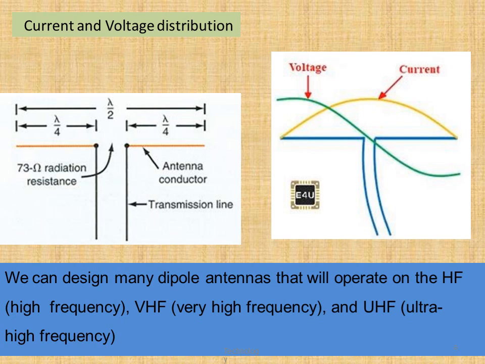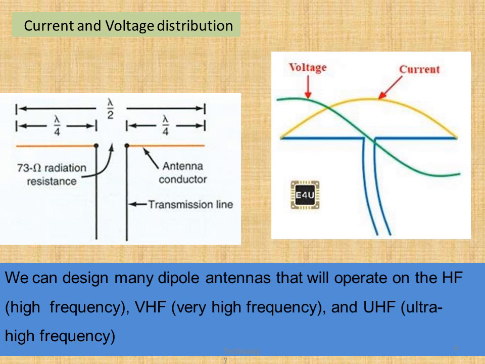This will be the voltage distribution, and this will be the current distribution. And this is lambda by 4, actually the length of the half-wave dipole antenna taken in this topic.